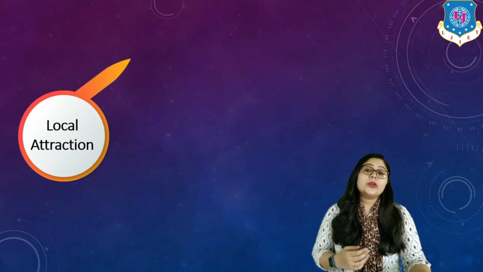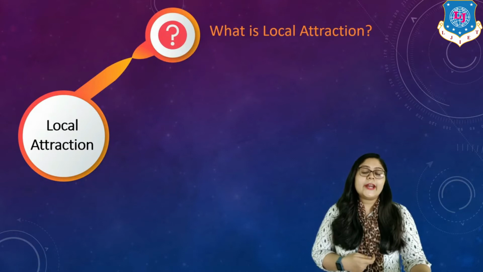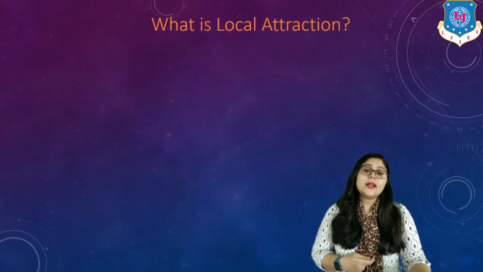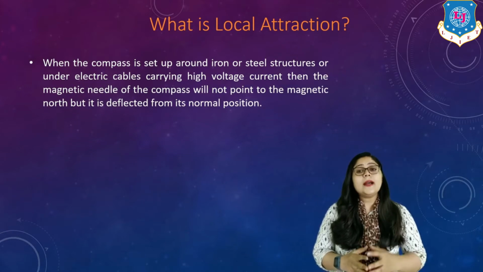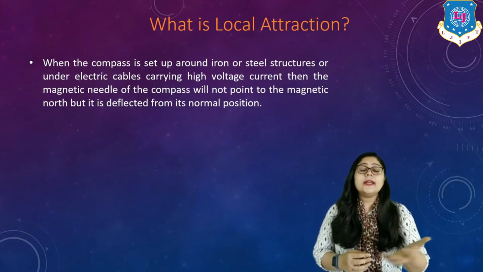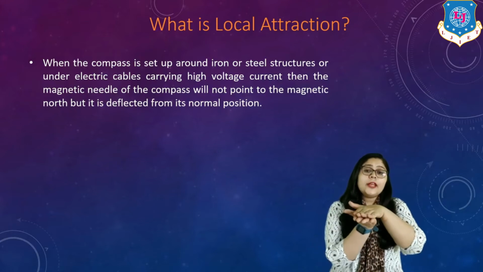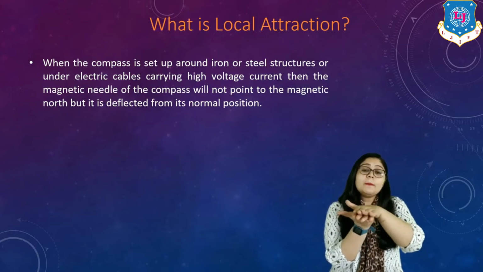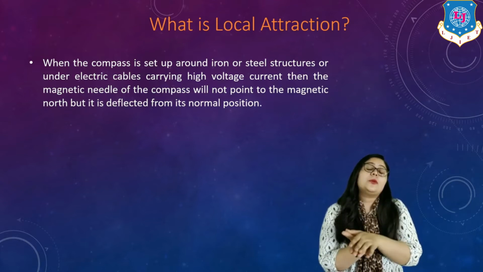Now, the first question that arises in our mind is, what is local attraction? Basically, local attraction is when the compass is set up around iron or steel structures, or under electric cables carrying high voltage current, then the magnetic needle of the compass will not point to the magnetic north, but is deflected from its normal position.